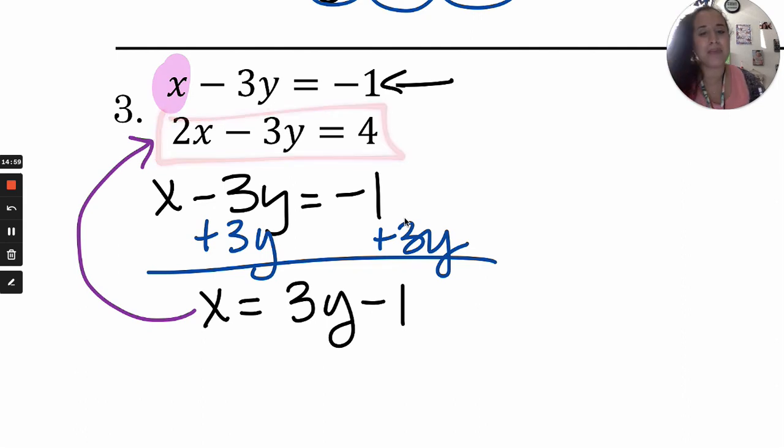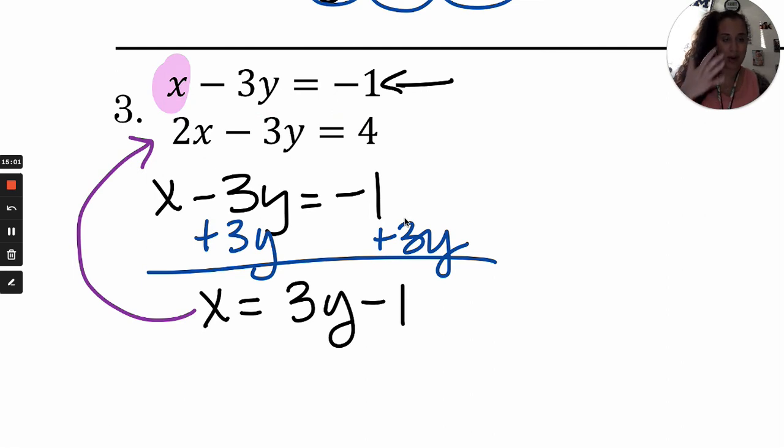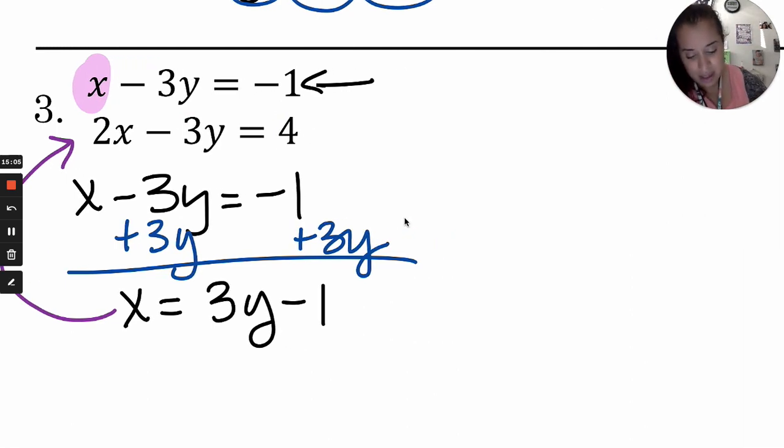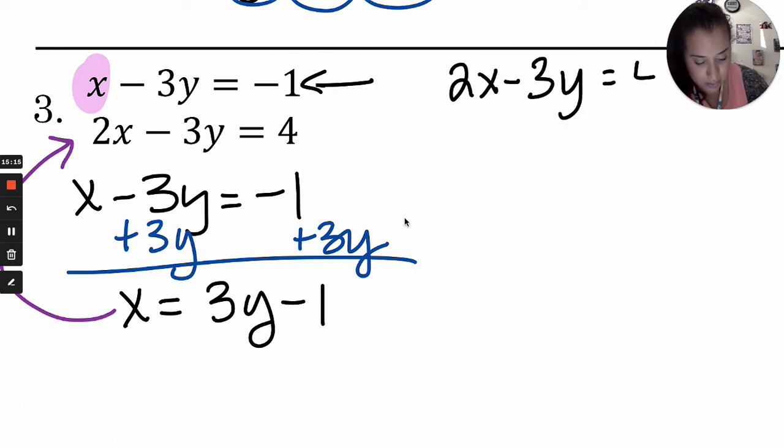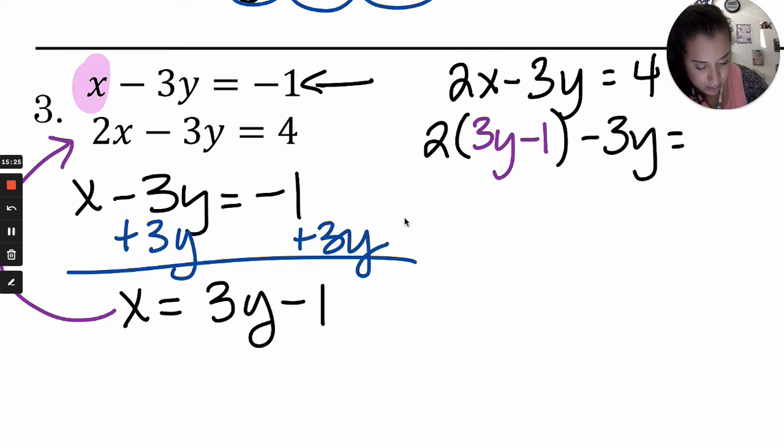Because we can't plug it back into itself. All right, so we're going to plug it into the other equation. So that other equation is 2x minus 3y equals 4. So we have 2 times 3y minus 1 minus 3y equals 4.